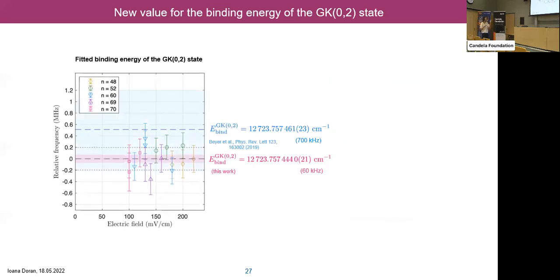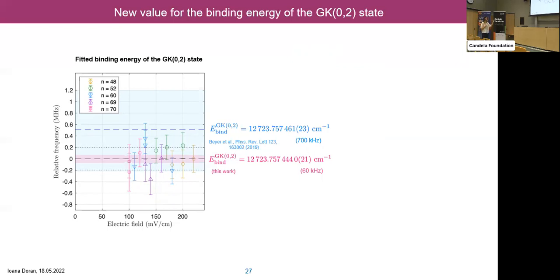Now this puts us in a position where we can calculate our new value for this binding energy. I reference it to 0, and it is the value that you see in the center of the page. The pink shaded area represents our error, which amounts to around 60 kilohertz. For reference, I show you the previous published value for this binding energy. We see that we are in agreement with this value.